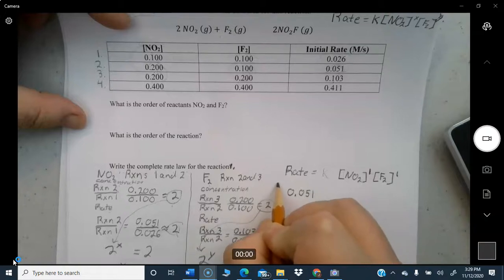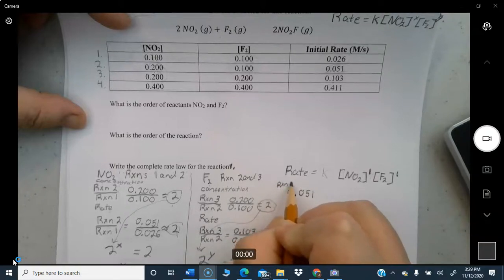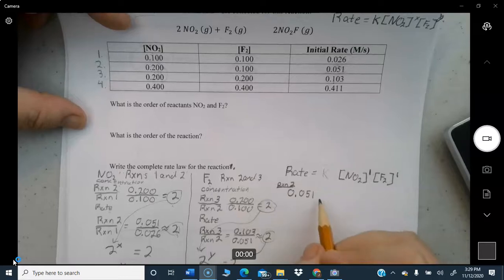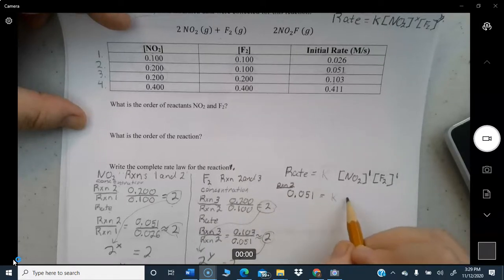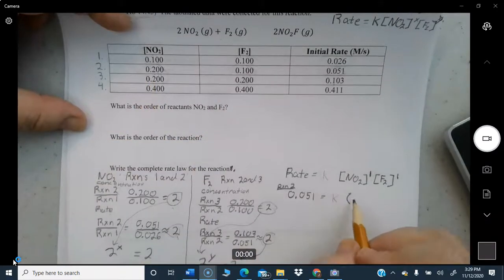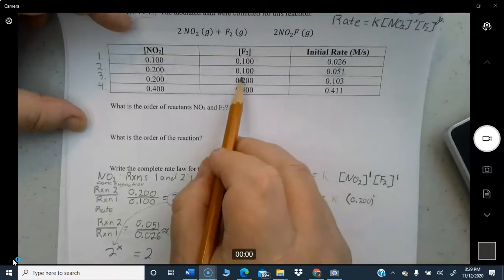Just note that we picked reaction 2. We could have picked any of the other 3. Okay, and that equals, write it lightly. And I'm going to use parentheses since it's now a math equation here. Okay, so we have 0.2. And we have 0.1.